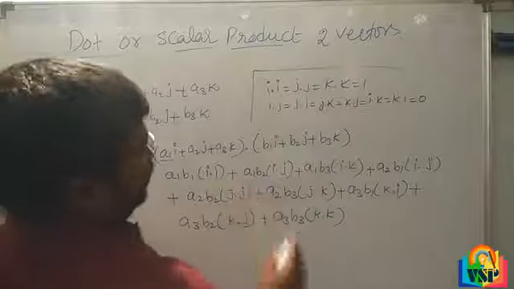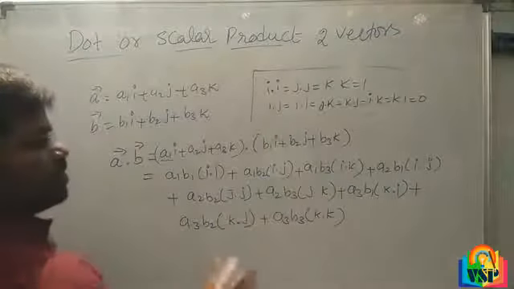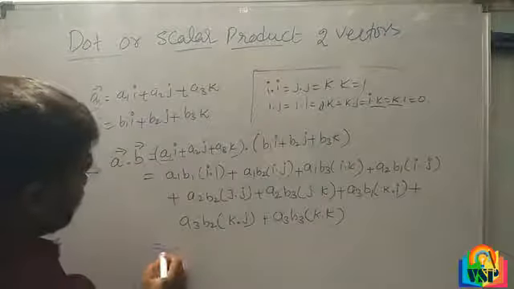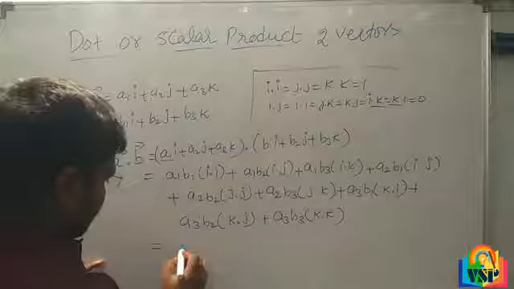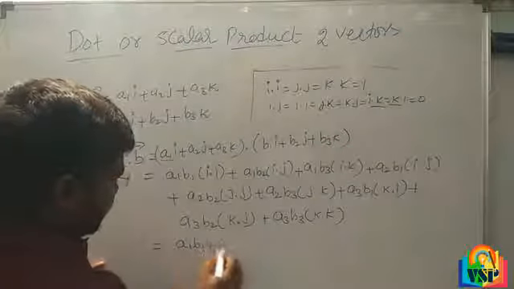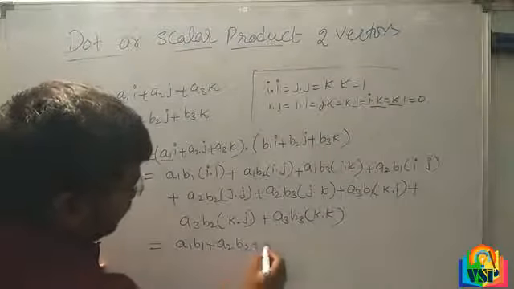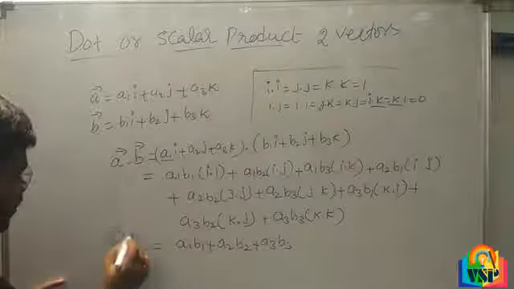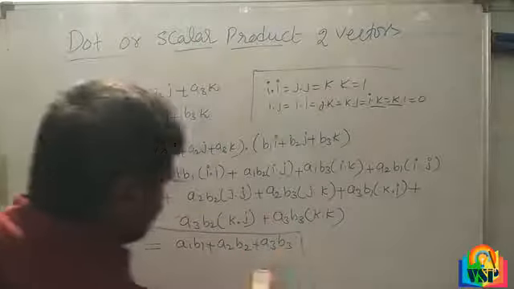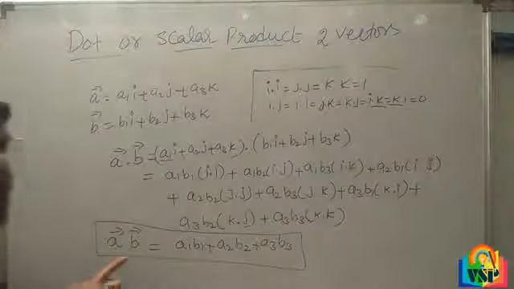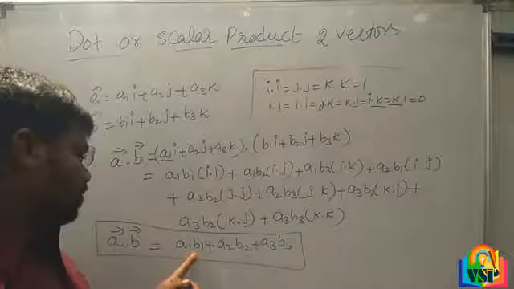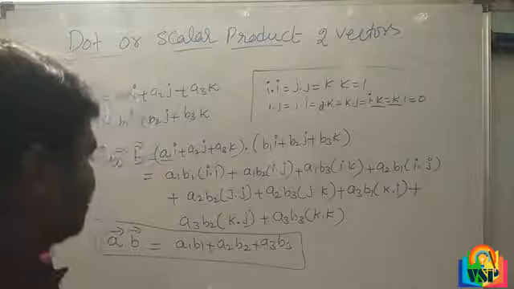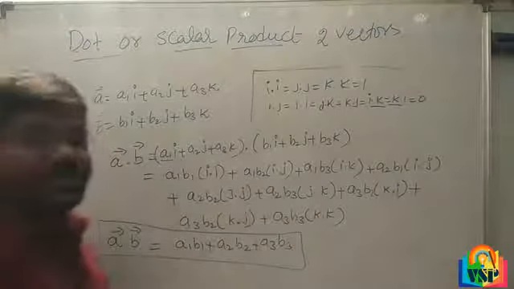Wherever the opposite one is there, that becomes 0. So finally we get A1 B1 plus A2 B2 plus A3 B3. A bar dot B bar is equal to A1 B1 plus A2 B2 plus A3 B3. Understand?